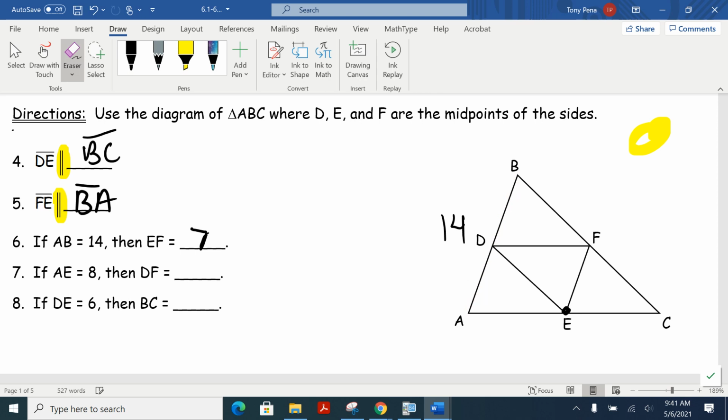All right. When we go to AE, it's really similar but different at the same time. Same thought process, but if I now tell you that AE right here is 8, then DF here would have to be, Cam? 8.